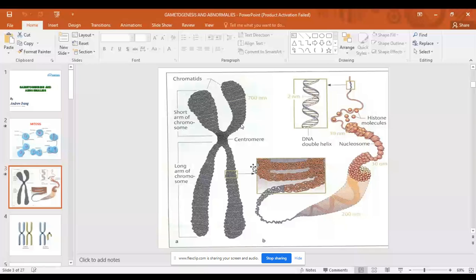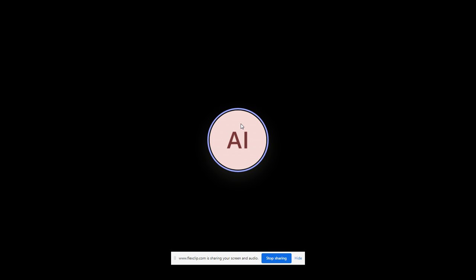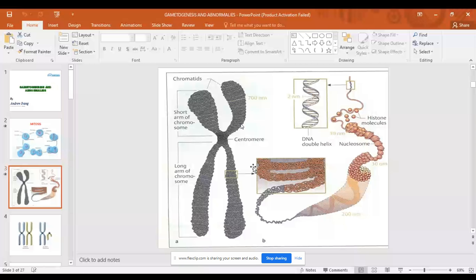Yes, sir. The problem starts when there is a problem with mitosis. That is where we begin to have abnormalities. When there's a problem with mitosis, there will be phenotypic differences.